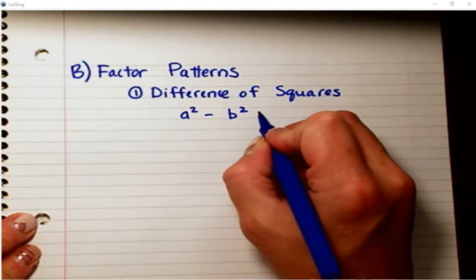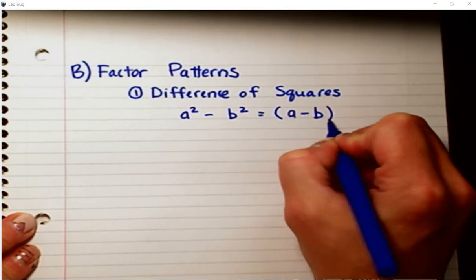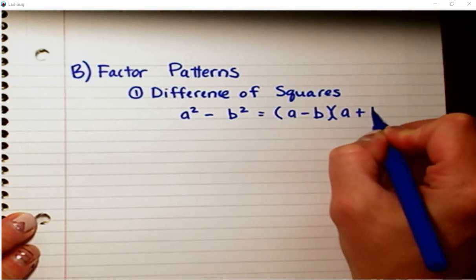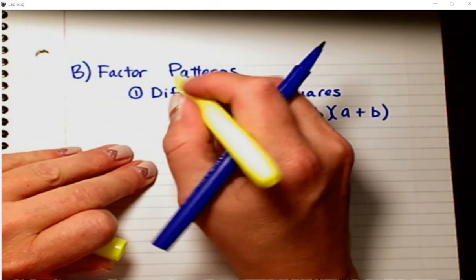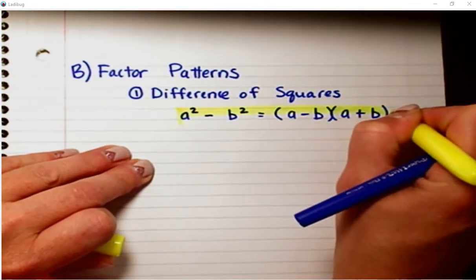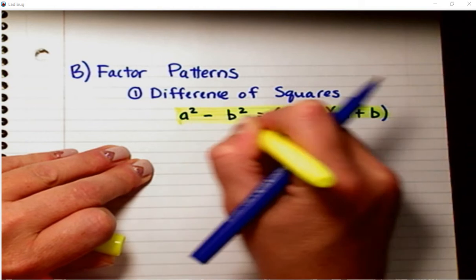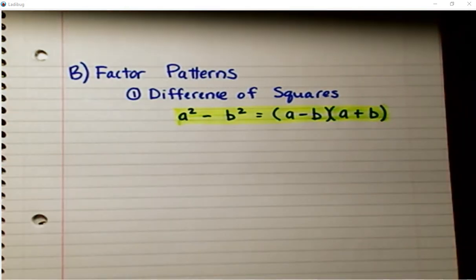And what we're going to do is a little investigation here. Okay, I'm going to write it like this. I'm going to highlight this because this is basically a rule. Things that are highlighted you should probably memorize.